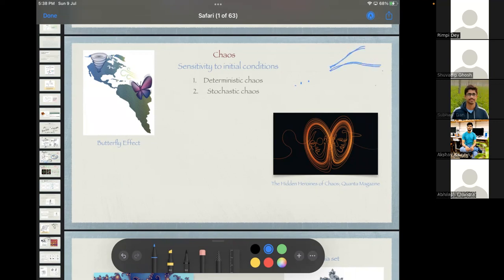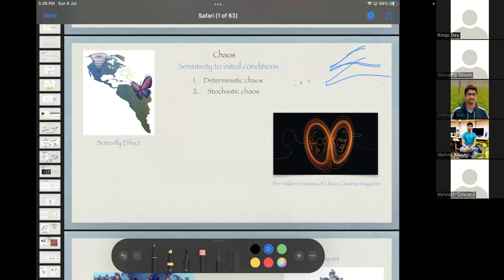Chaos means the dynamics is very sensitive to the initial points. Even if I start the trajectories from very close points, after a certain time you cannot predict them; they will diverge from each other.